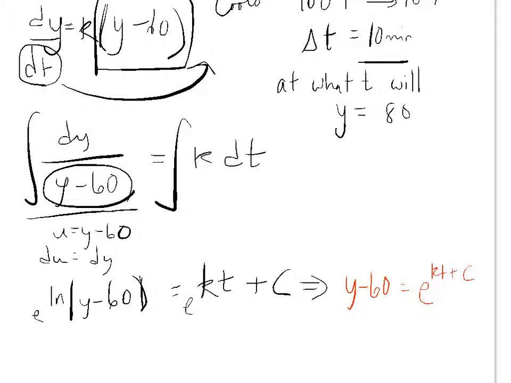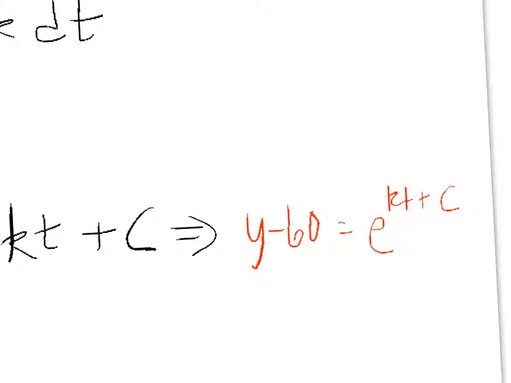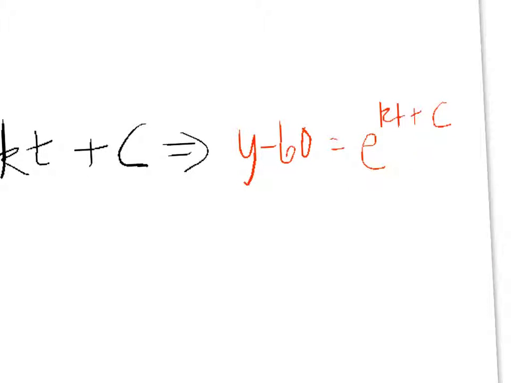Okay, everybody okay with that? You may remember that when you have addition in an exponent, it's the same as multiplication. This is e to the kt times e to the c.